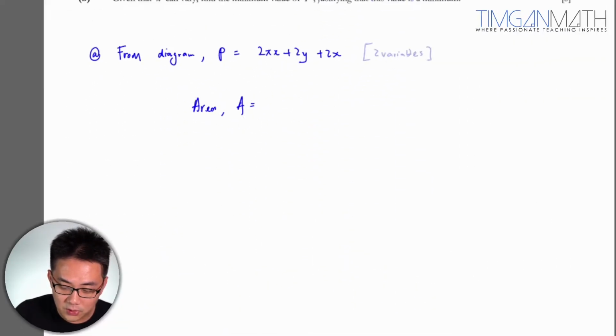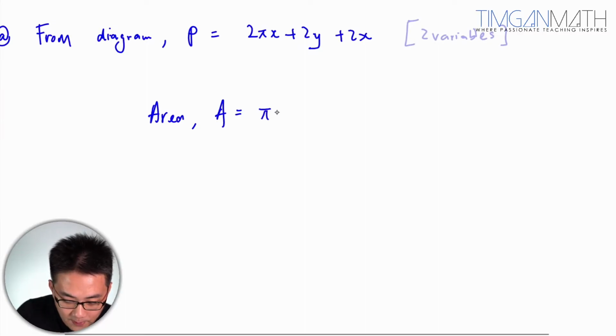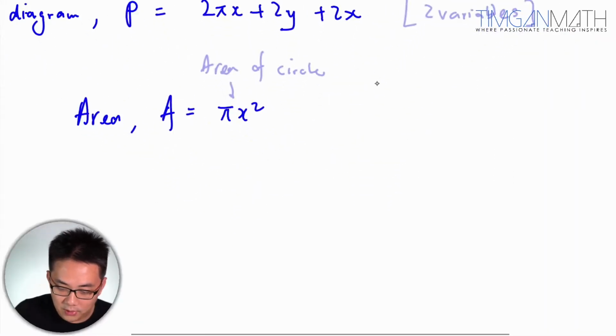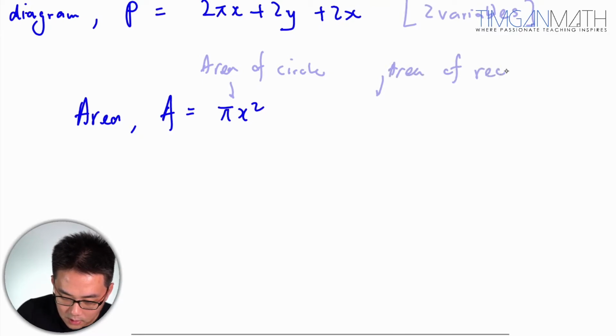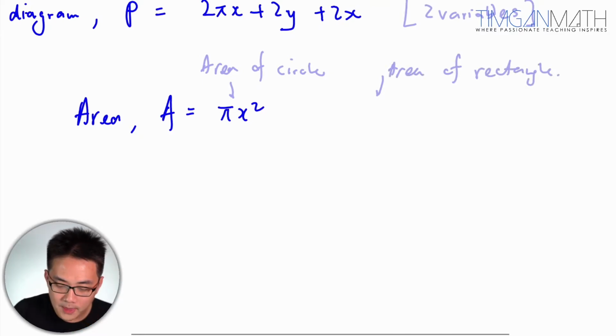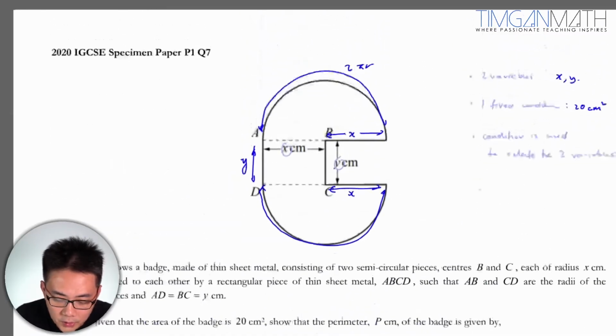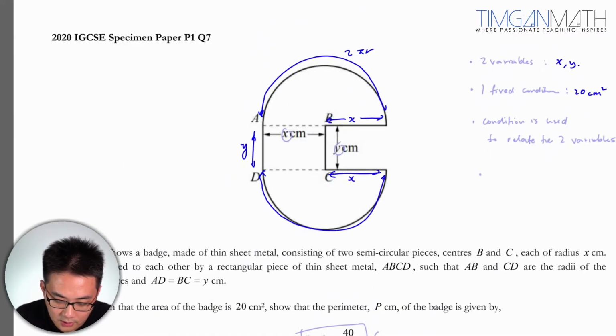So A equals πx² for the area of the circle, plus xy for the area of the rectangle.